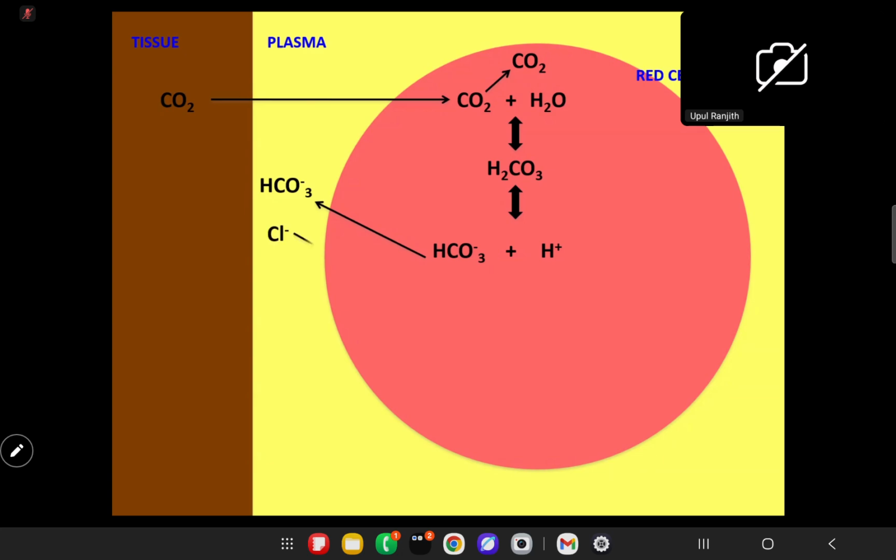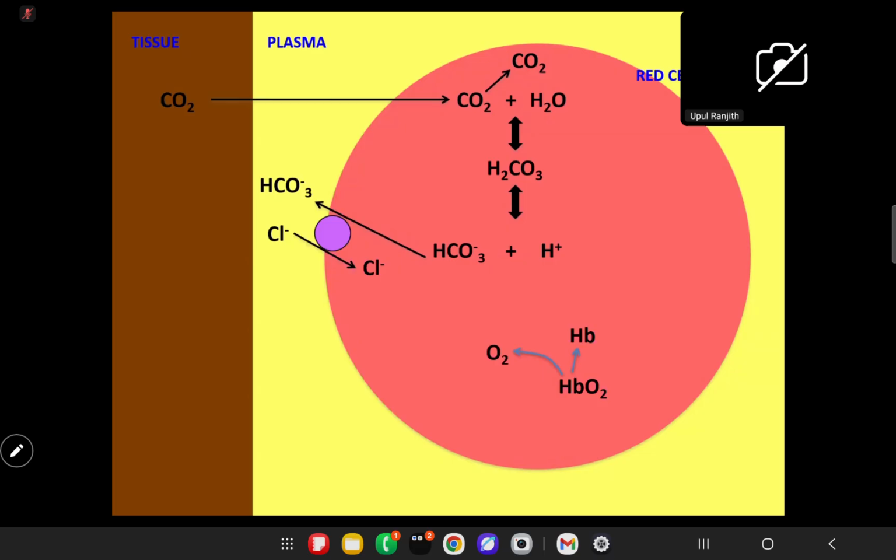So the concentration gradient is different. Therefore, to maintain the electrical neutrality across the red cell membrane, chloride ions will shift into the red blood cell. So that is called the chloride shift. Chloride ions will diffuse into the cells.